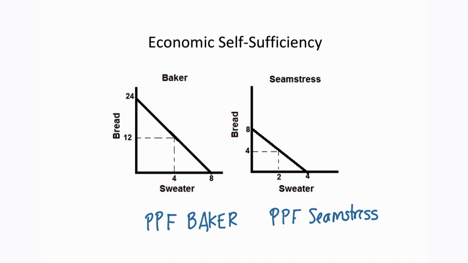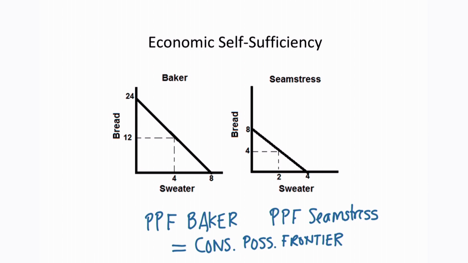This is the total amount that they can produce in one 8-hour day. Now, if they are economically self-sufficient, their production possibility frontier will be equal to what we call their consumption possibility frontier, which is the total amount that they can consume of each good.